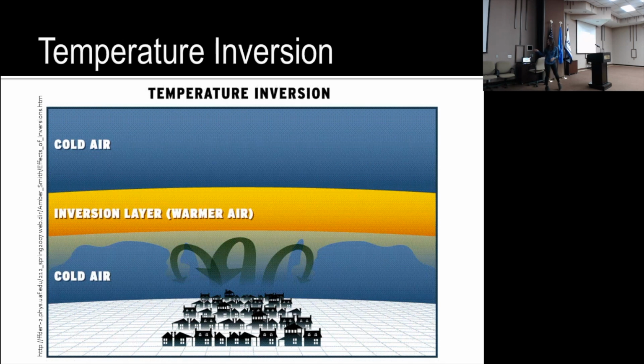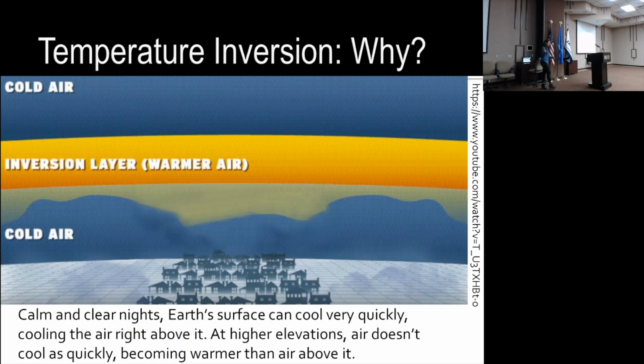When we have a temperature inversion, we have something that looks like this. We don't have stable air. We don't have that gradual cooling from hot to a little colder and then even colder. We generally have a warm layer of air that's trapped between two layers of air that are colder. And why does this happen?